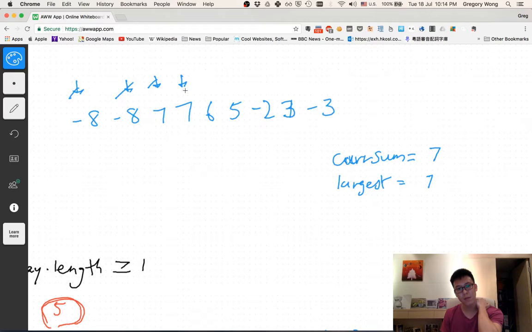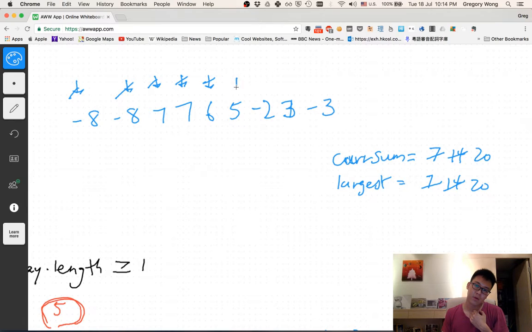So I keep summing up. If I see a positive number, I just sum it. And I'll update the largest as necessary. And then I see a negative number.